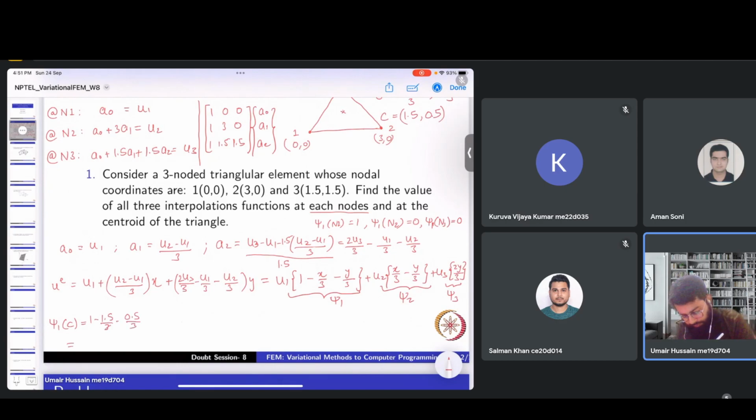So we have 1 minus 0.5 is 0.5 minus 0.5 by 3, which is 1 by 3, 0.33 basically.